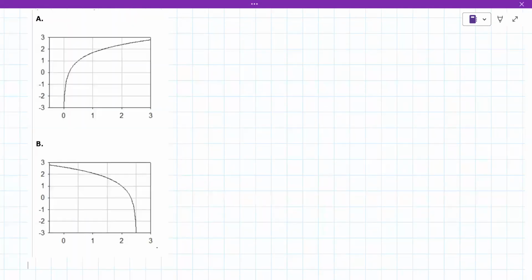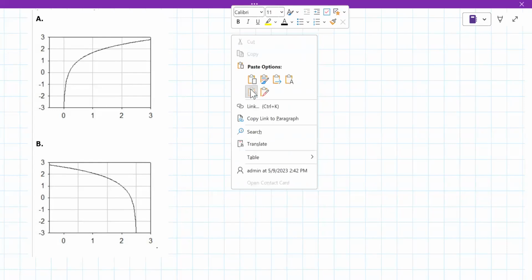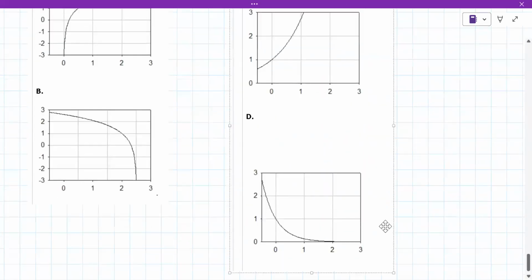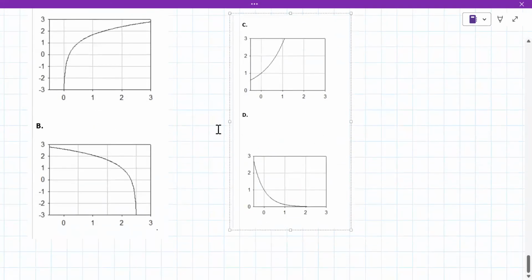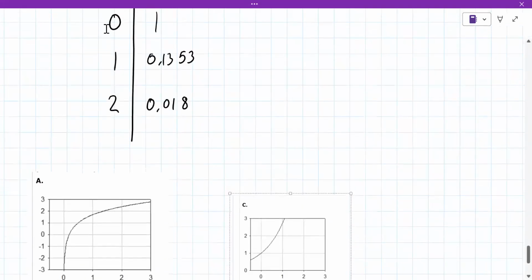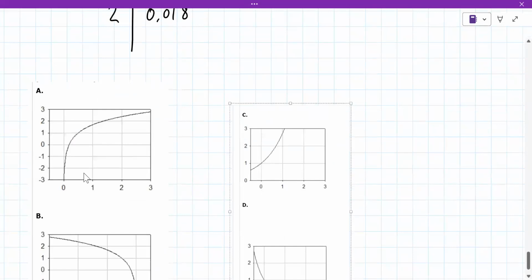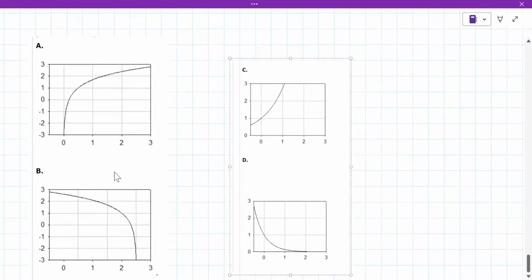And again, you could exclude some, like if you say, oh, those don't look right at all. Let me get these better in here. So the first one is 0, 1. Which of these graphs has the ordered pair 0, 1: A, B, C, or D?